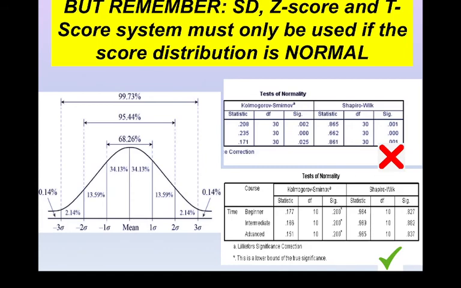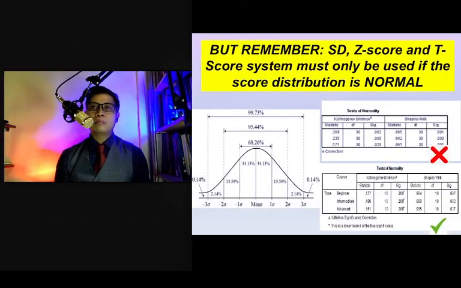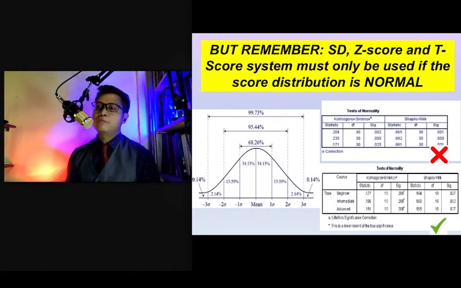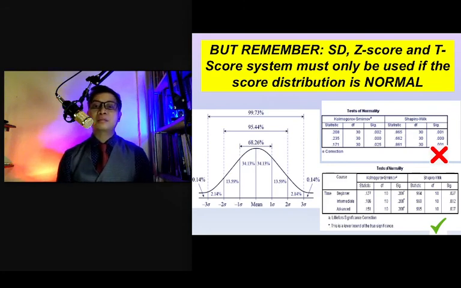Your curve is not normal. You would like the SIG to be greater than 0.05 because this indicates na yung curve mo, itsura niya, more or less, hindi nalalayo sa perfect normal curve. So, ibig sabihin, kapag less than 0.05, significantly different yung shape ng scores mo sa isang ideal normal curve.